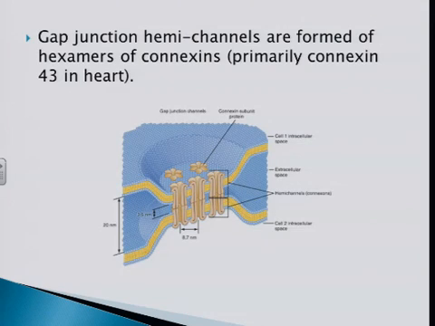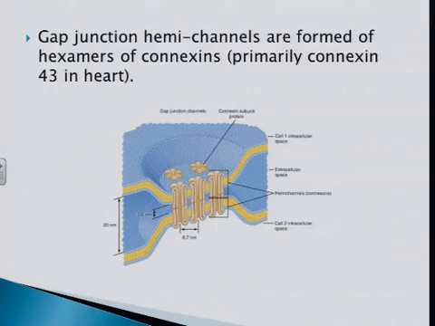What's a gap junction? Well, the gap junction is a macromolecular construct in the membrane, and it connects two pieces of membrane together and forms an electrical connection between them. Well, how does it do this? In the heart, these electrical connections are formed by connexins.